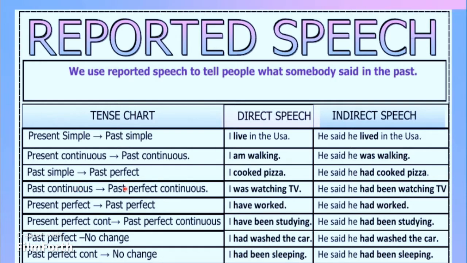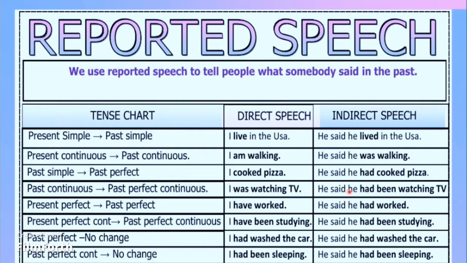Past continuous becomes past perfect continuous. That is, it will be past, it will have "had" in it, or "had been" you have to use, and continuous means there'll be "ing" in the verb. "I was watching TV." It's a past continuous sentence. How do you change it into indirect speech?